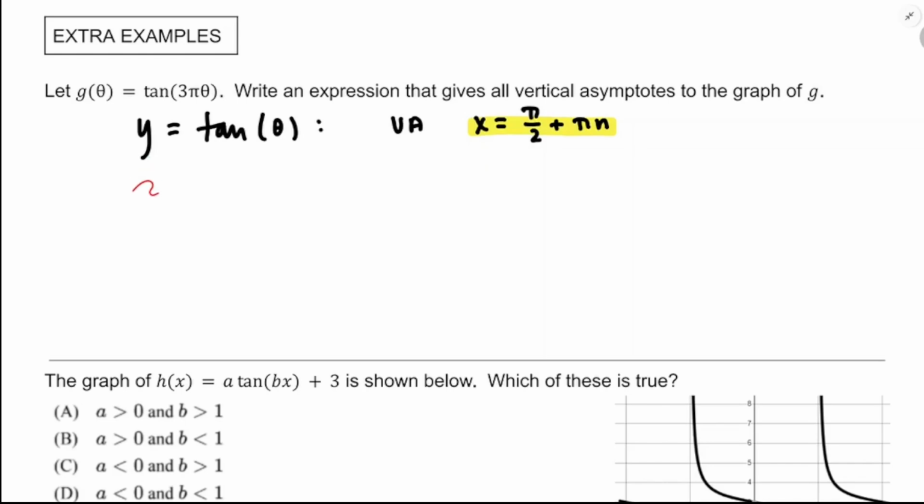But for g of theta equals tangent of 3 pi times theta, what I would point out about that is that's a horizontal dilation by a factor of 1 over 3 pi.